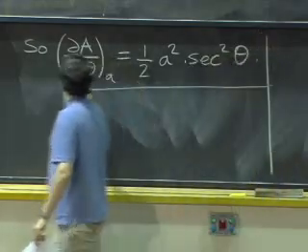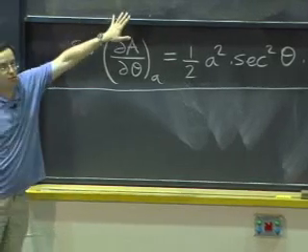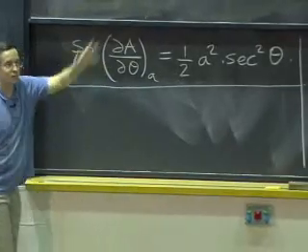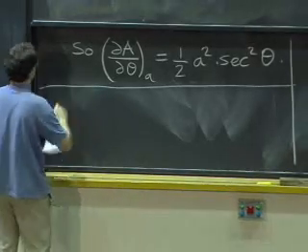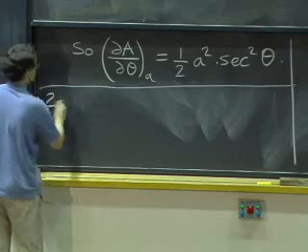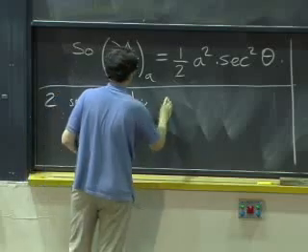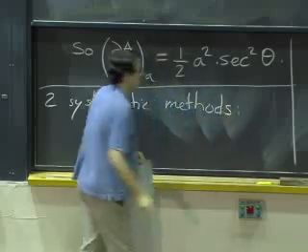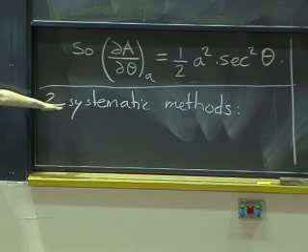But as I've already said, it doesn't get us very far if we don't know how to solve for b. We really used the fact that we can solve for b and get rid of it. So there's two systematic methods. Let's say the basic rule is that you should give both of them a chance.